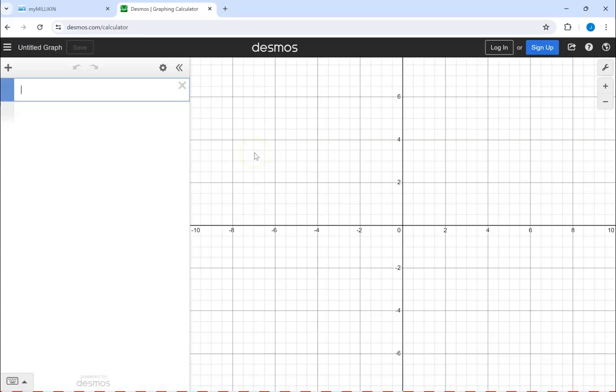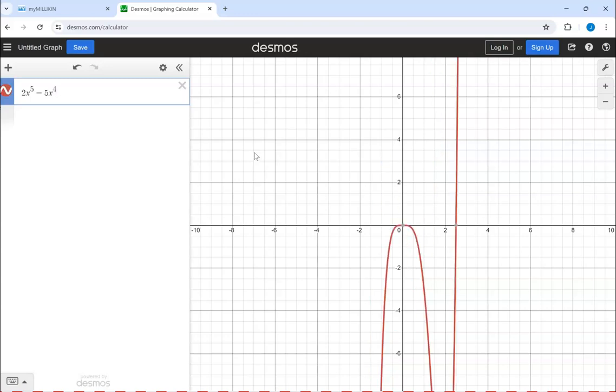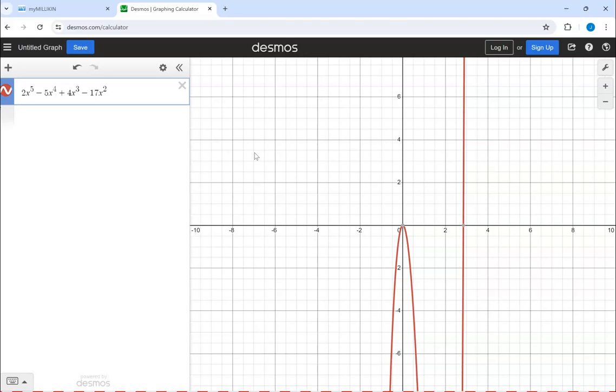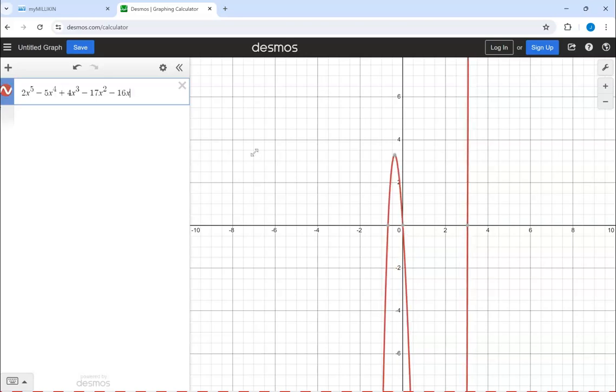Make sure I have the right function popped up here. So we had 2x to the 5th minus 5x to the 4th plus 4x cubed minus 17x squared minus 16x plus 12.